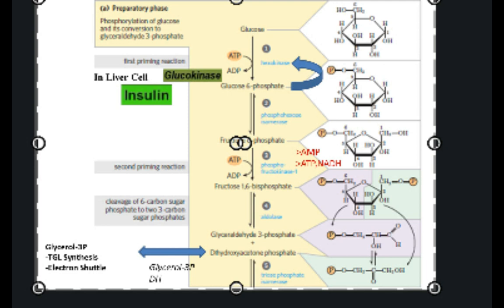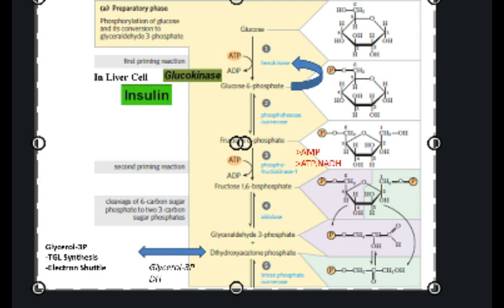And for example if glucose level is high and the cell is at rest and ATP level is raised, this step will be stopped, and fructose 6 phosphate will accumulate, because this is a reversible process. Fructose 6 phosphate will convert into glucose 6 phosphate, and when glucose 6 phosphate accumulates in large amount, it inhibits its own enzyme, hexokinase.